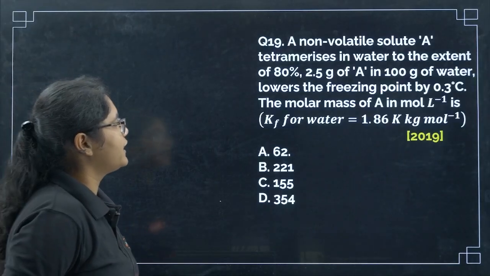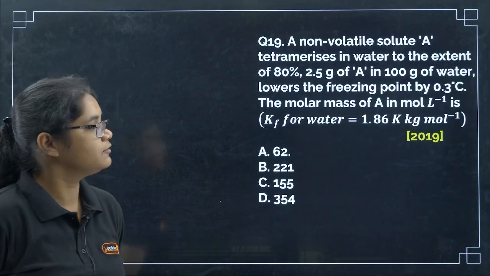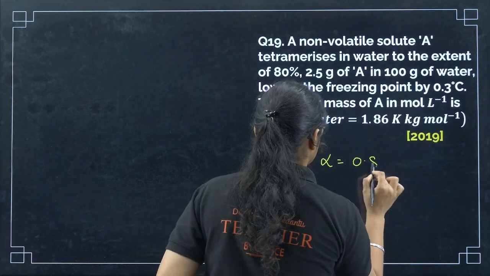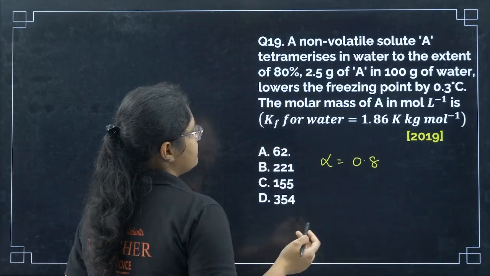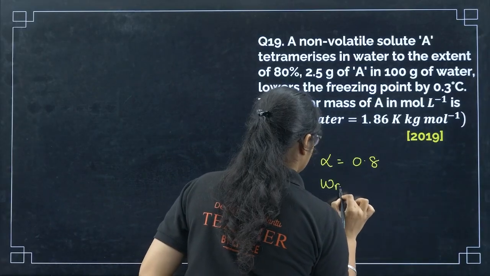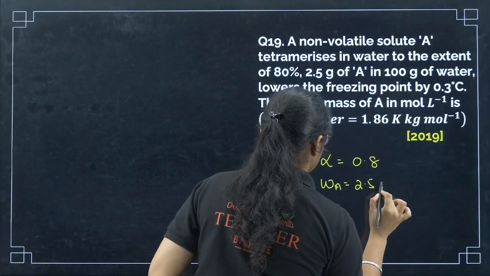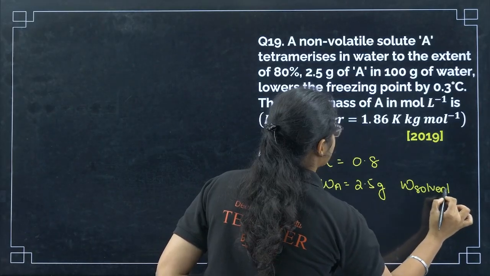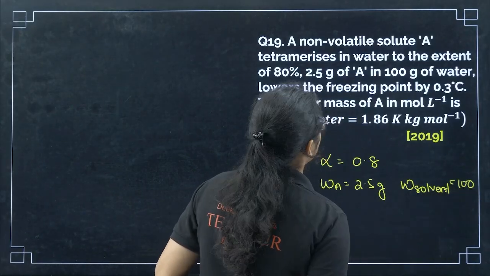Next, a non-volatile solute A tetramerizes in water to the extent of 80%. So alpha is how much? 80%. Okay, 2.5 gram of A in 100 gram of water. So what is the mass of A that is taken? 2.5 gram. What is the mass of the solvent taken? That is 100 grams.